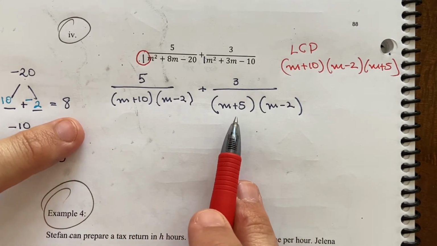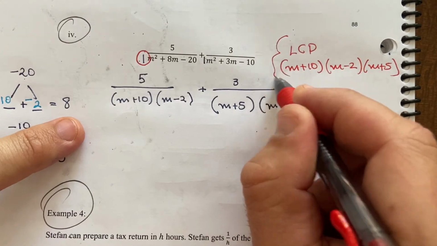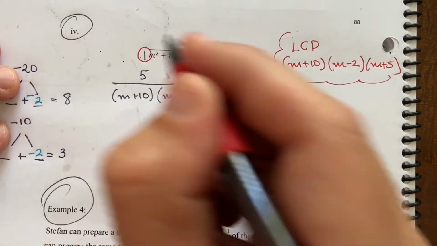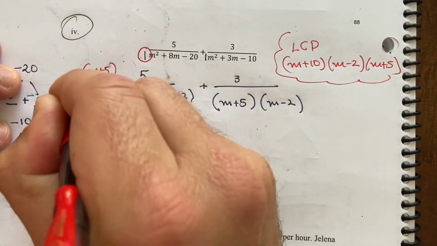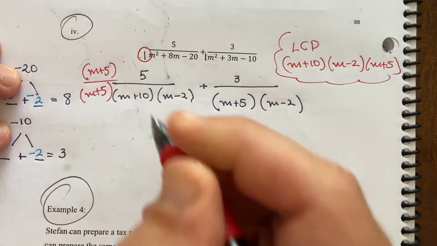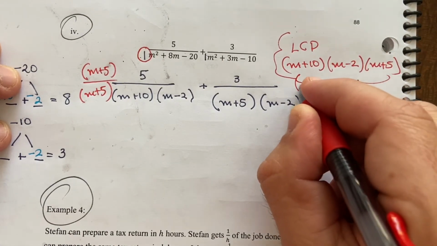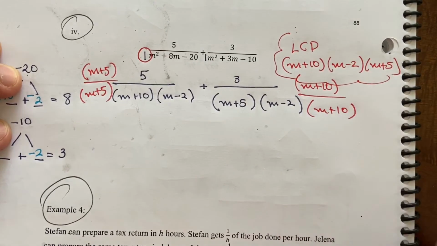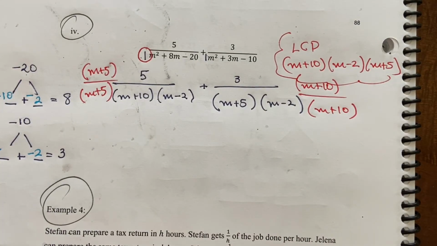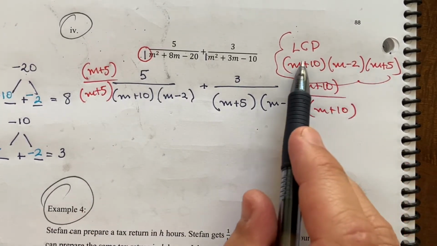So what this one is missing is an m plus 10, and what this one is missing is an m plus 5. So I will multiply by m plus 5, top and bottom. And then over here, I will multiply by m plus 10, top and bottom. So I'm basically accounting for what is missing with respect to the least common denominator.